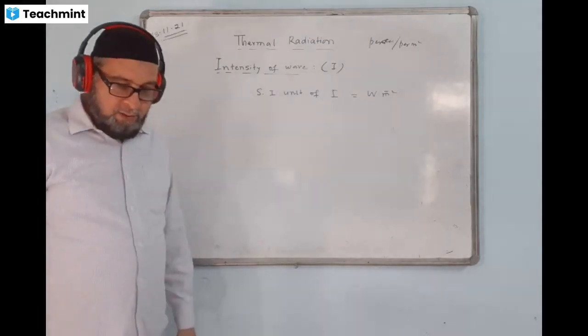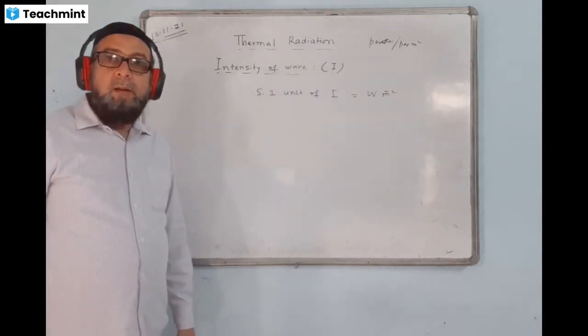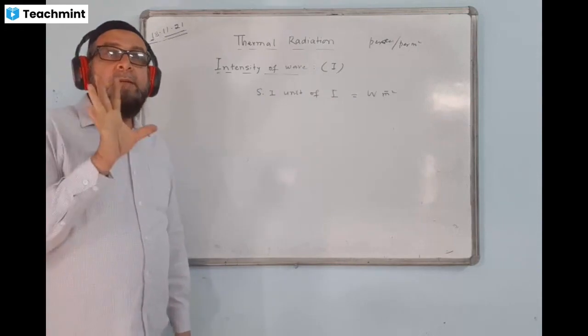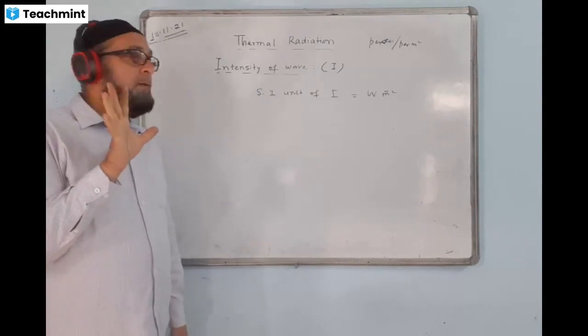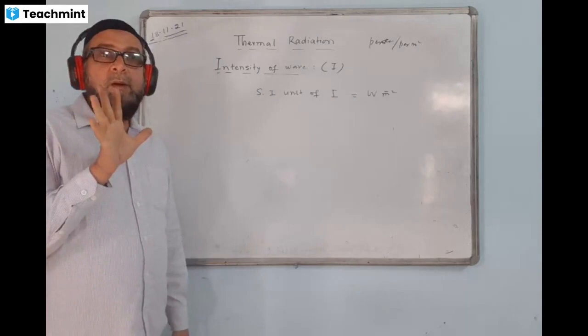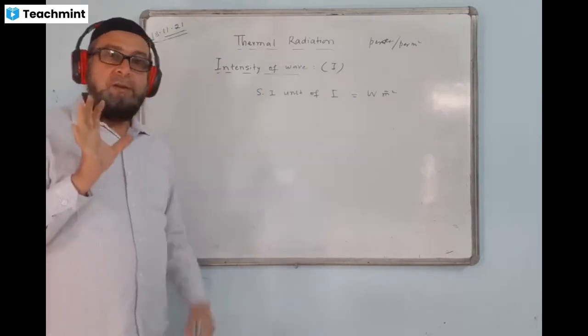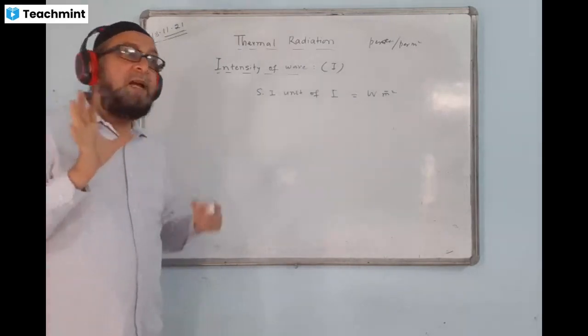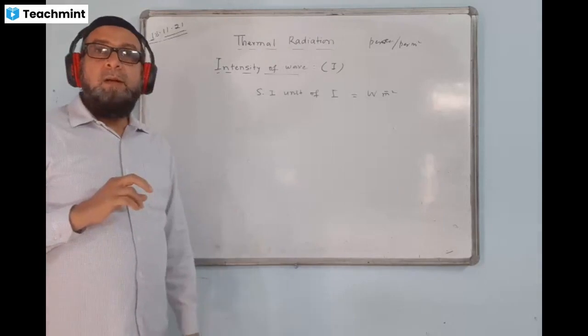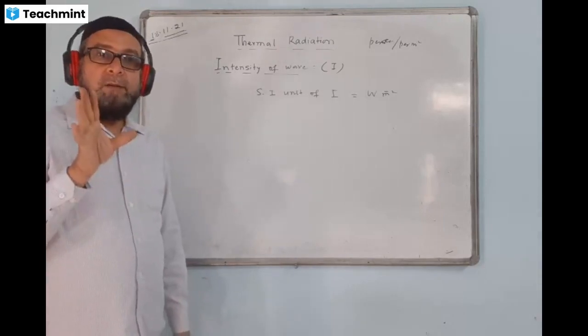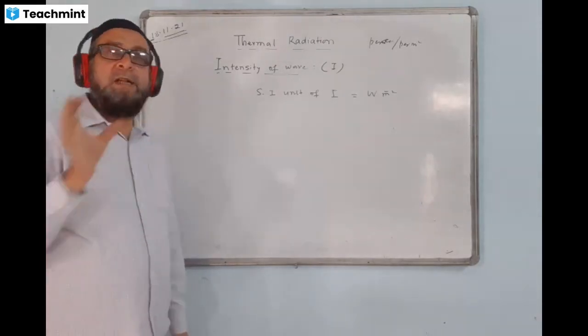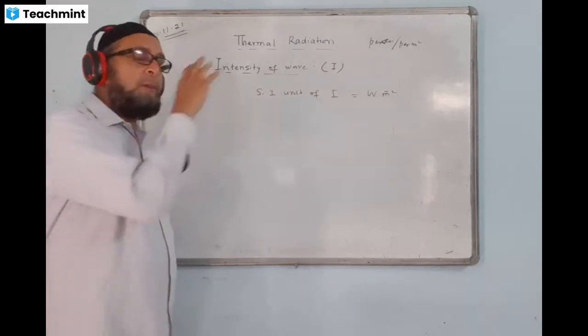Now, what happens? Suppose we have radiations, heat radiation or thermal radiation, when it travels through a medium. Some medium may be transparent, fully transparent, so it will allow all the light to pass.